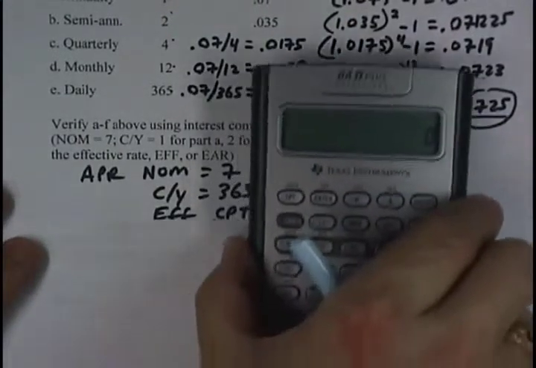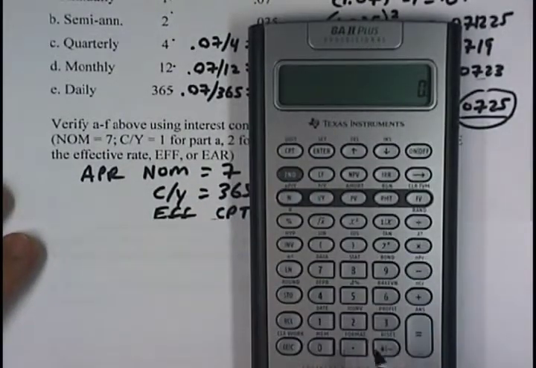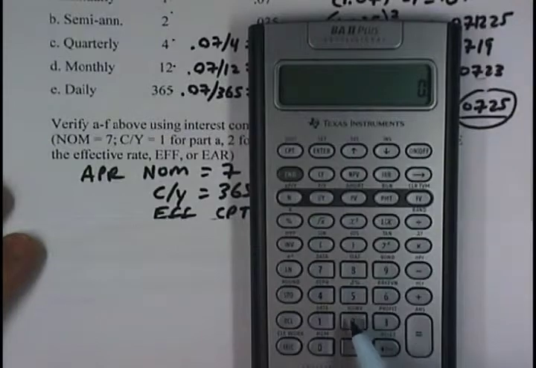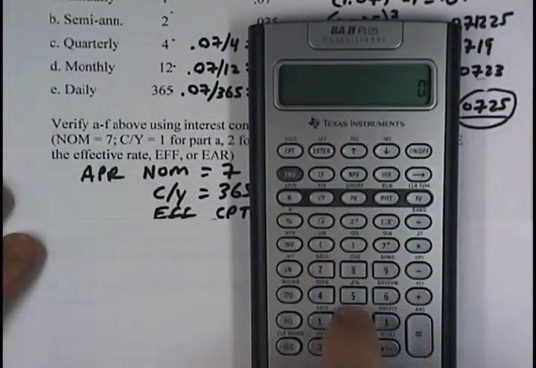The interest conversion feature on the calculator, since it says ICONV right above the number 2, I'll press second 2. When it asks me for NOM, I'll put in 7 for my APR, and I have to enter it.